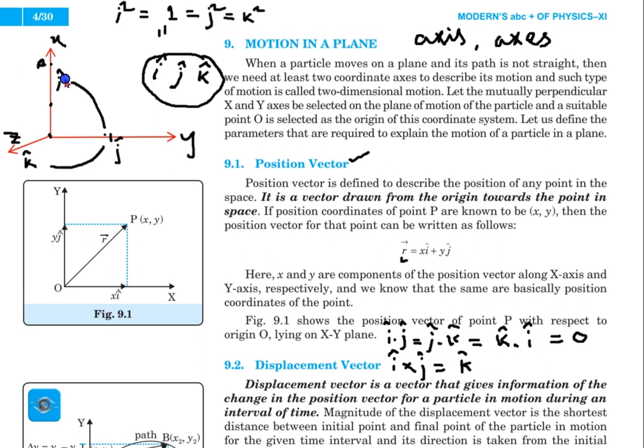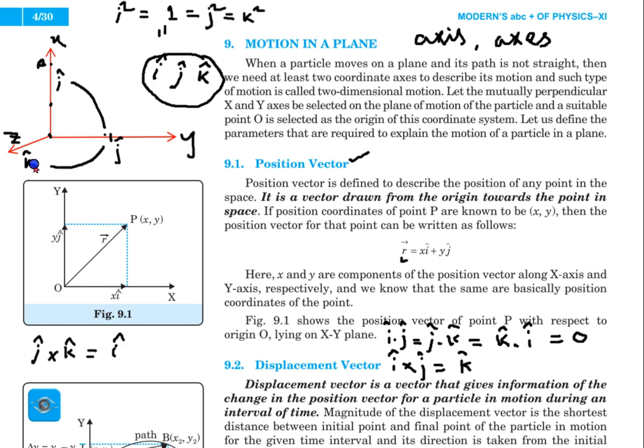If someone is rotating from this position, finally it reaches k, the z-axis. And if I move from j to k and finally reach i, that is j cross k will be i cap.